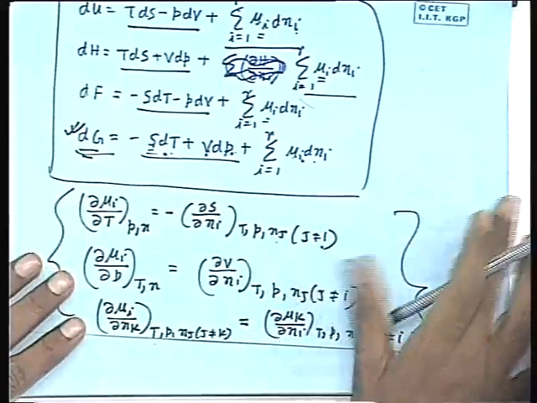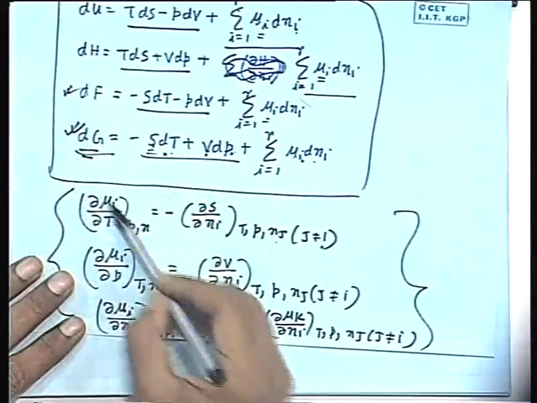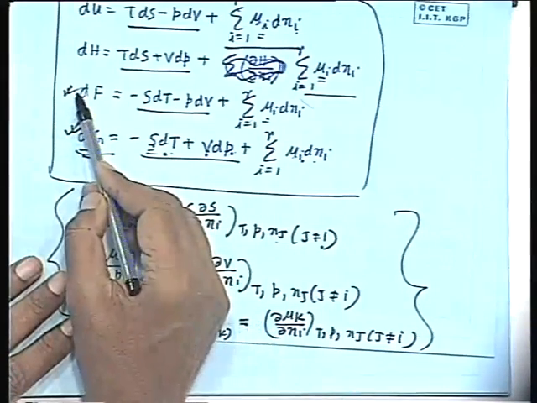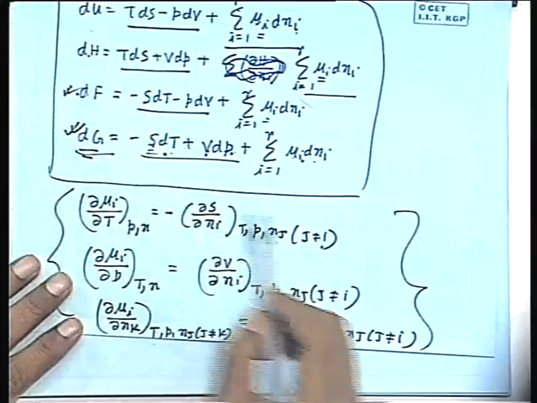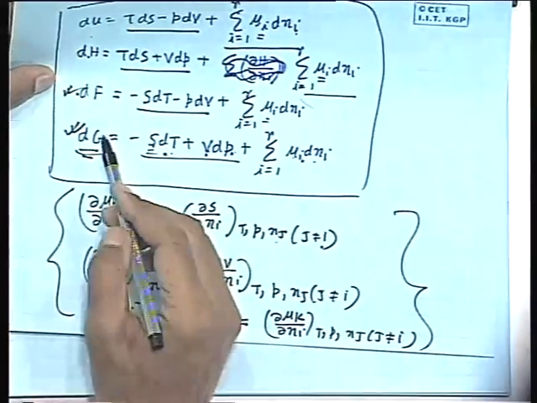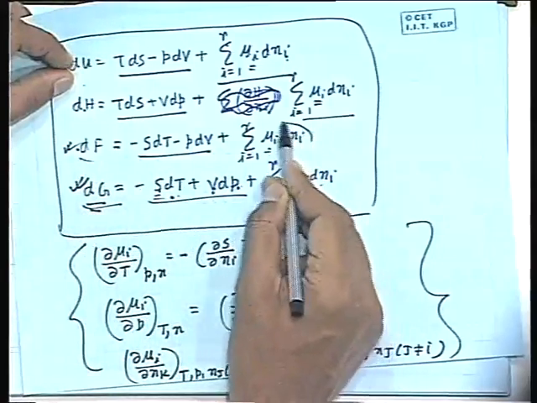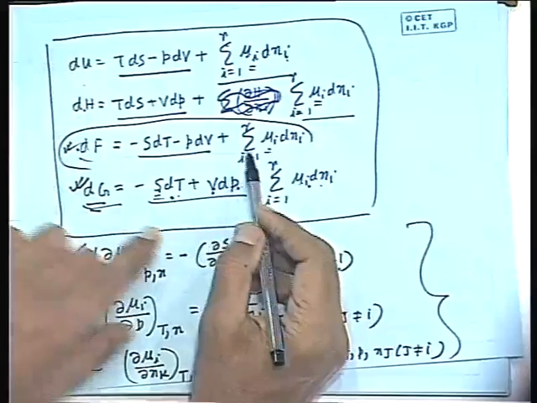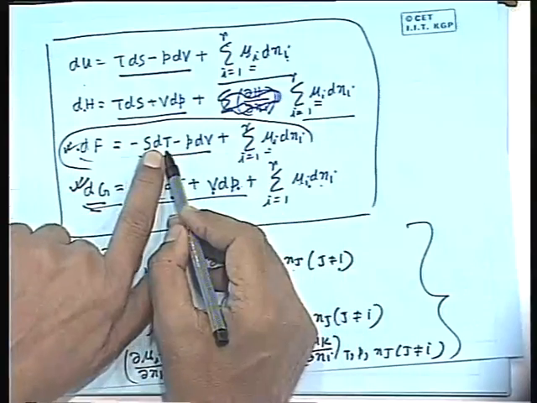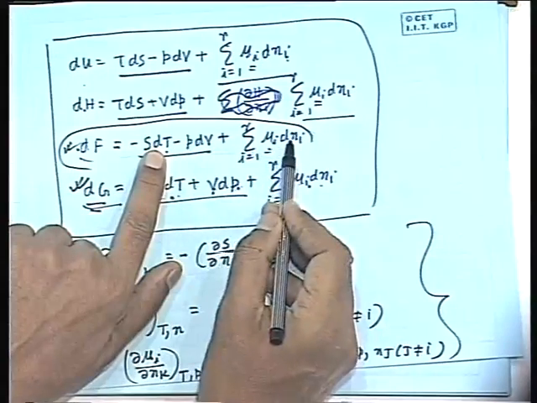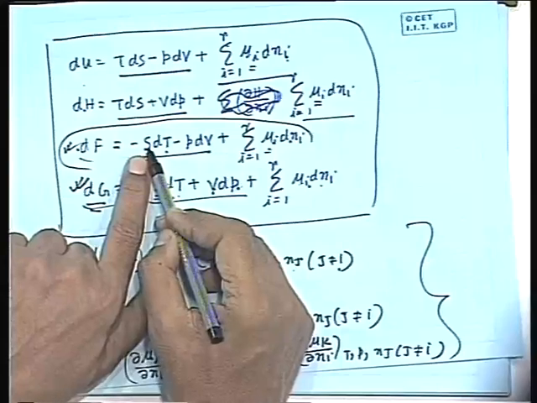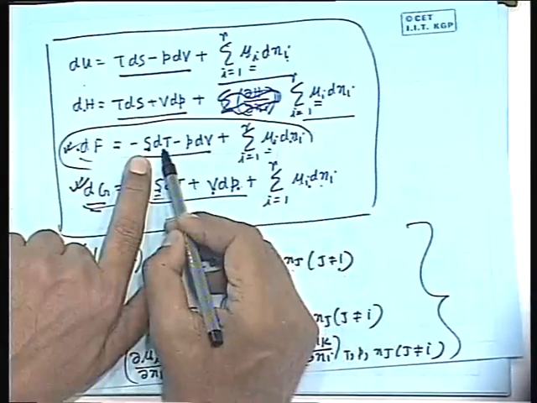Similarly, we can derive property relations from the equations for dH and dU. I just write the relationships which we can derive, which you can see afterwards in your hall or room. Using the exact differential properties, if you differentiate mu i with respect to T at constant V and n, it will be equal to the differentiation of S with respect to ni at constant T, V and other n's.